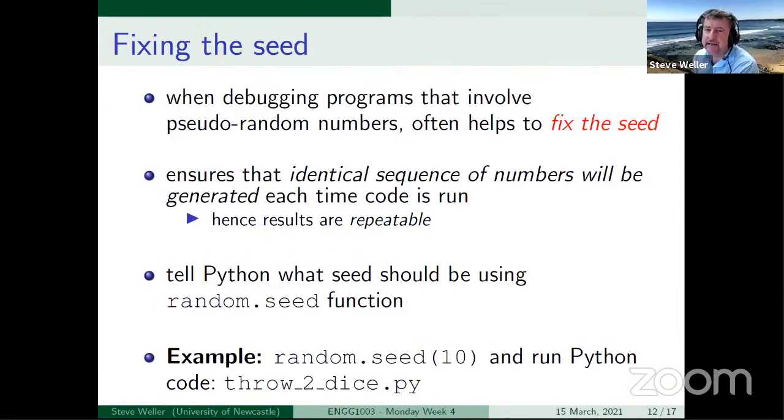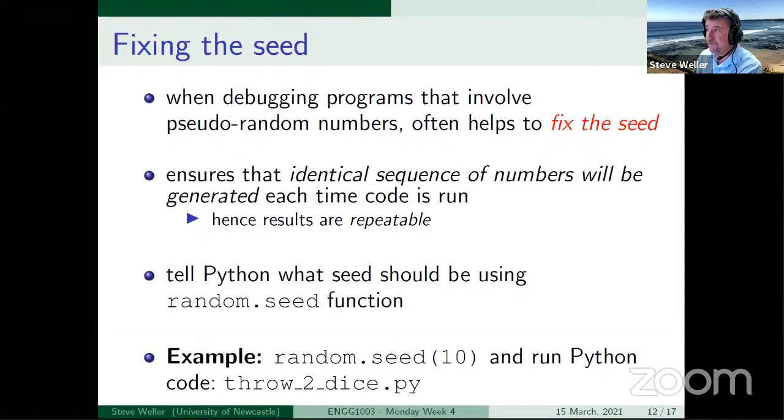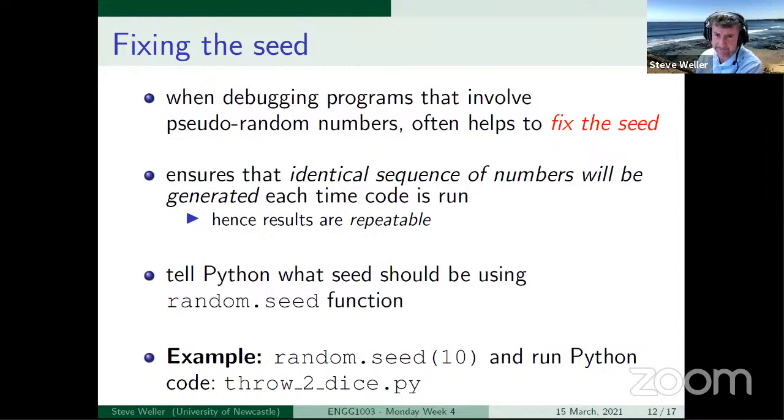Sometimes when we're debugging programs, it can be really complicating if every time we run the program, we get a different set of data to deal with, because we get a different seed, because we get a different sequence of random numbers. So sometimes when you're debugging programs that involve random numbers, it often helps to be able to fix the seed. And that ensures that an identical sequence of numbers are generated each time the code's run. And that makes the results repeatable.